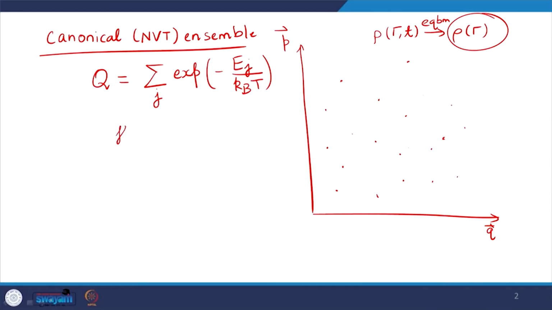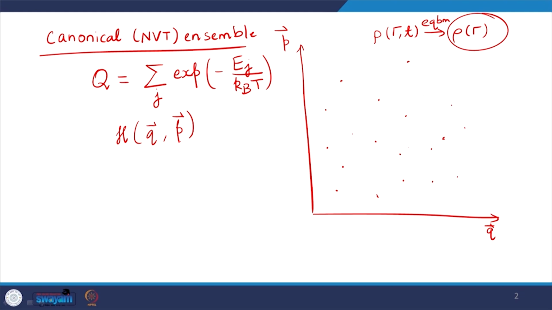So, instead of looking at discrete energy states, we can talk in terms of a continuous space, because the p, q phase space is a continuous space. Therefore, energy may also be assumed to vary in the continuous space, and therefore, we started looking at the Hamiltonian, that is a continuous function of q and p.